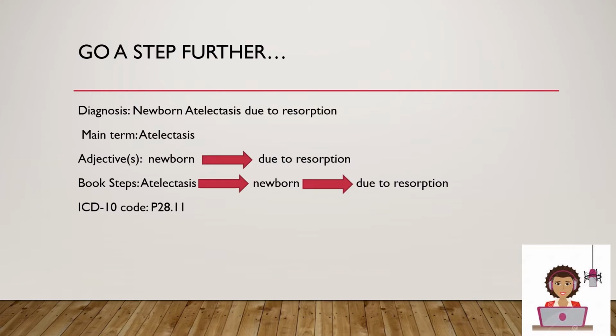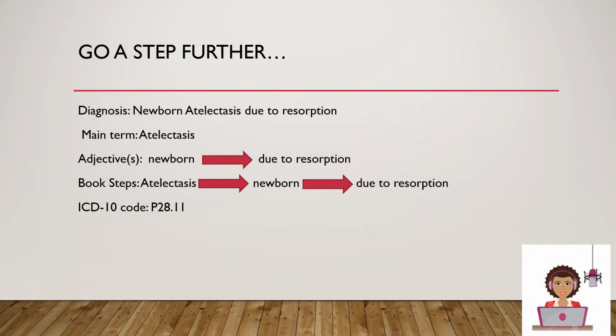Okay, so let's take it a step further. So we're going to have the same diagnosis. However, the atelectasis was due to resorption. So again, our main term is atelectasis. Our adjectives are newborn and then due to resorption.